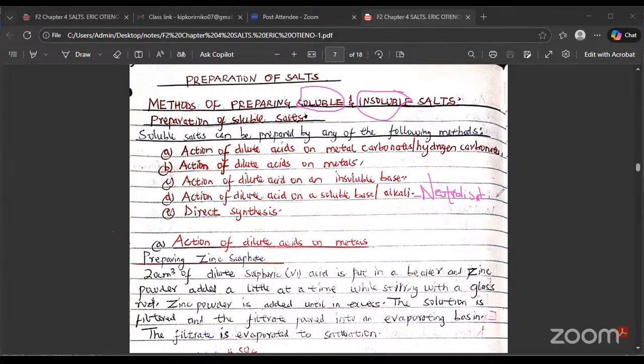Neutralization. So neutralization reaction is one of the best methods. Actually, if I was to teach this one for students who are slow learners, or we don't normally call them slow learners, they are called time takers, I'll start with the simplest one, which is direct synthesis, where you combine things directly.